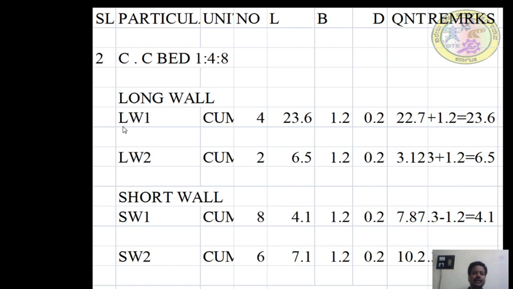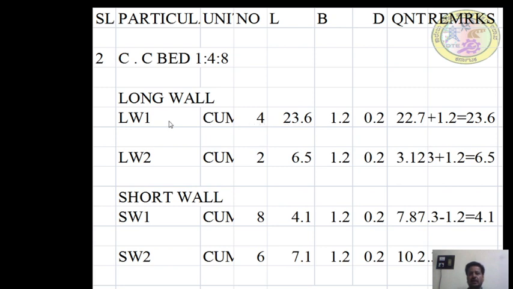Previously we already took LW1, long wall 1. Long wall 1 is 22.4 plus 1 breadth of the footing. As in the excavation, the breadth is taken as 1.2; only the depth is changed. The thickness of the bed concrete is 0.3.